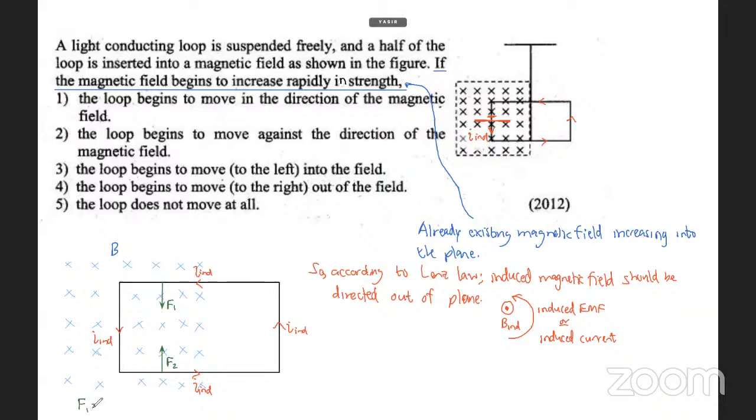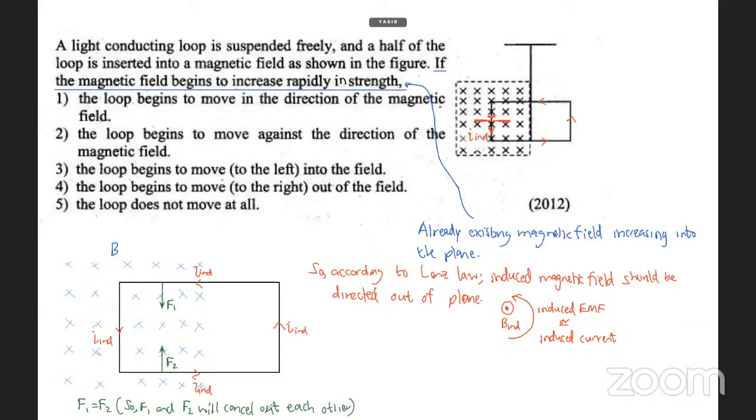F1 is equal to F2 because the currents are the same and the lengths are the same. So F1 and F2 will cancel out each other.